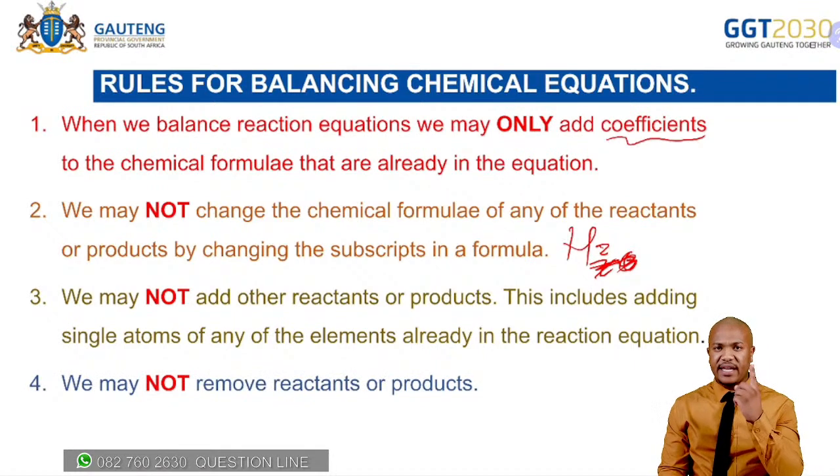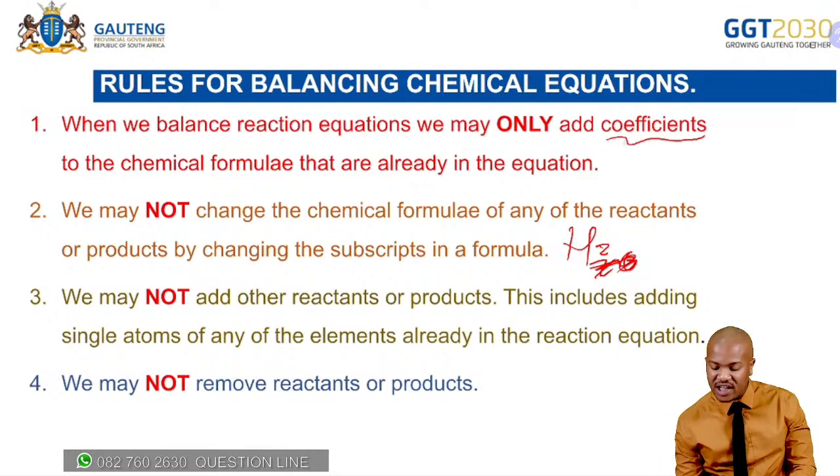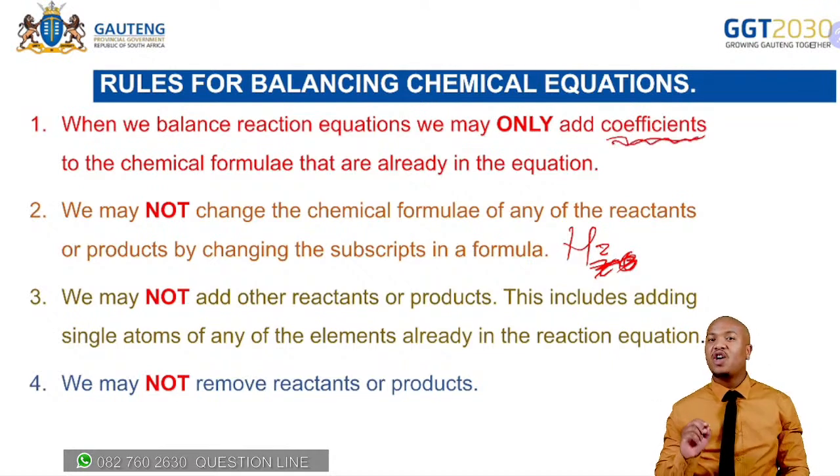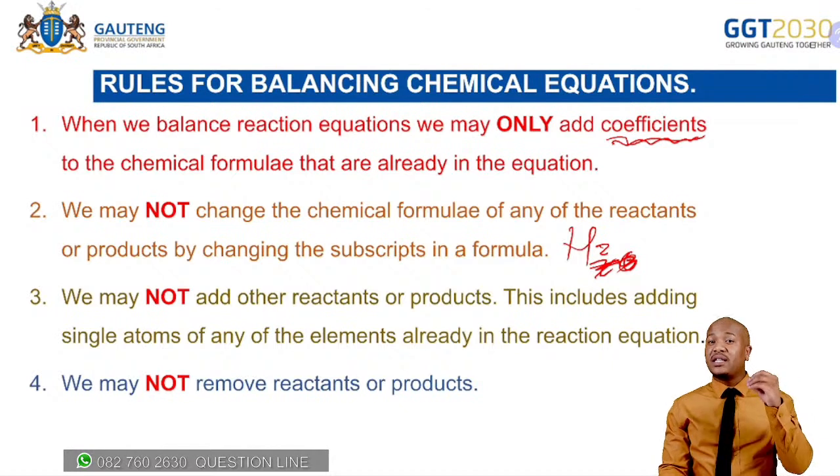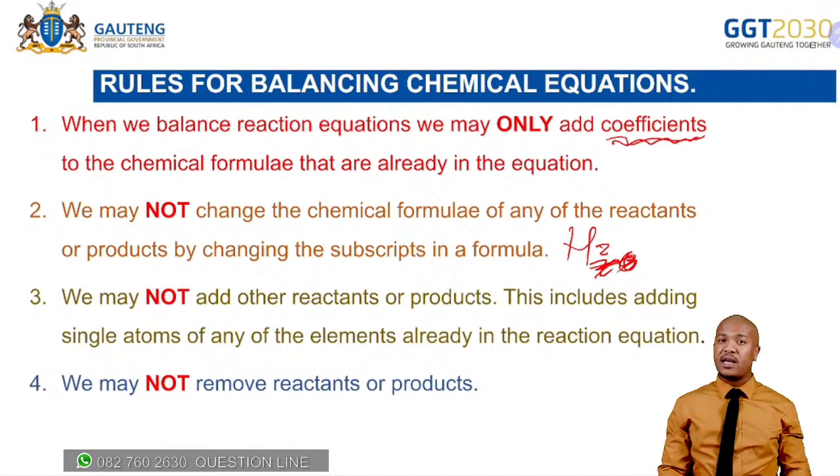But note one thing here. This is what we can only do: add coefficients. Remember, coefficients are the numbers next to the compound or the element in the reaction, in front of it. Those are the ones that increase the number of atoms per element or compound in the chemical reaction, only to balance the equation.